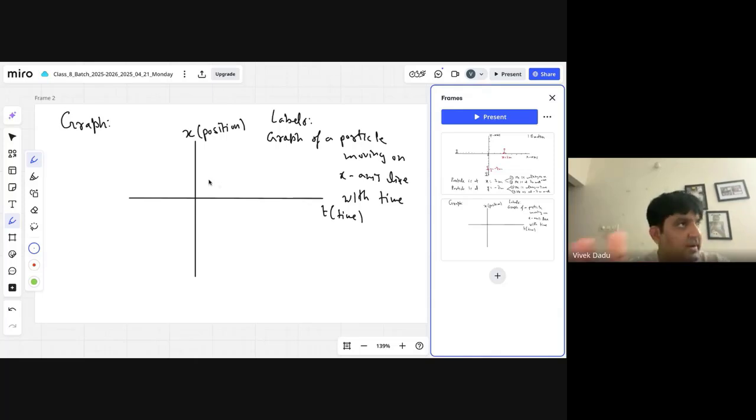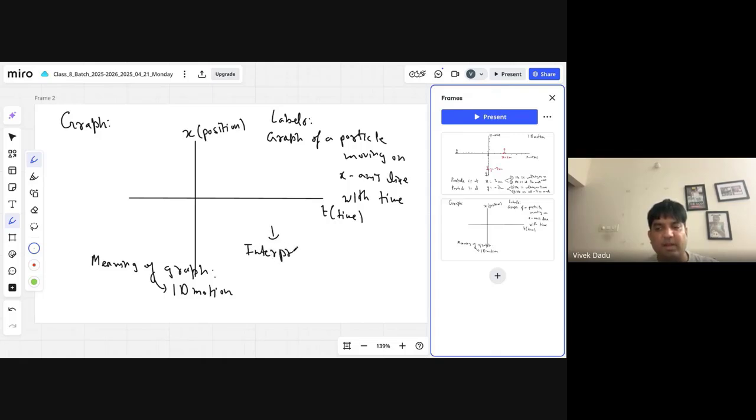So there will be a graph. But the meaning of graph will not be a graph, it will be a 1D motion. And the first thing I have talked about is which type of particle this graph is representing: a particle which is moving along x-axis with respect to time. So basically, the simple interpretation so far, without even any plot.